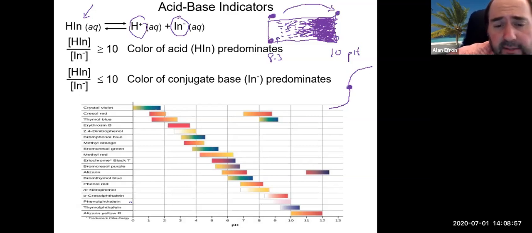That's why on most of these, you want to choose an indicator where you'll see that distinct color change to signal to you to stop the titration. But if you get to the end of the range, it's going to probably maintain that color. Even if you go past the technical range of it, it will probably still stay that color at that point.